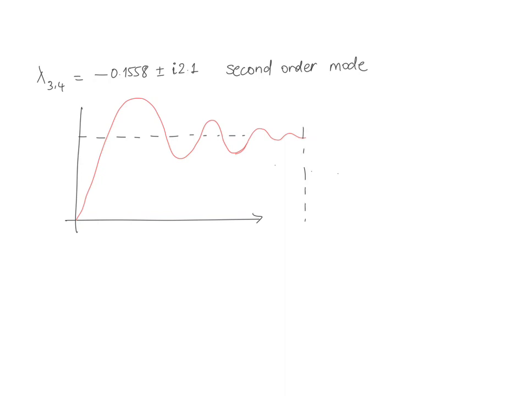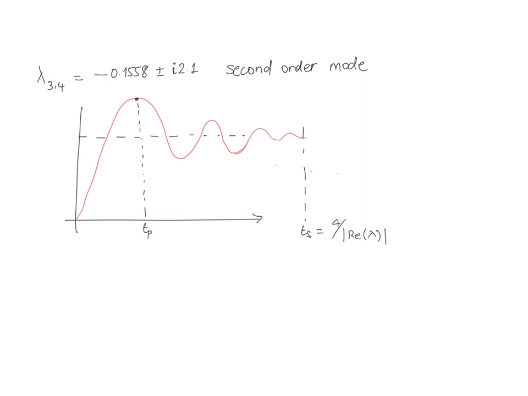There is a settling time, which is when the mode dies down to within 2% of its steady state value. This settling time is given by 4 divided by the absolute value of the real part of this eigenvalue. Now the real part is 0.115, so that's something we'll calculate. Then there is the peak time, which is here. It's an exponential decay, so it only hits a peak once and then decays.